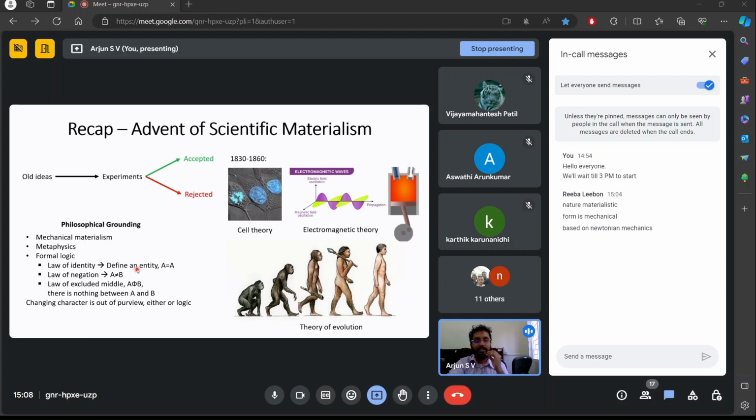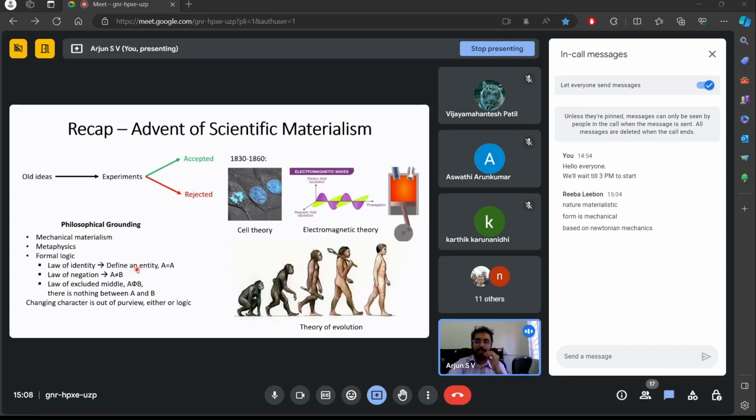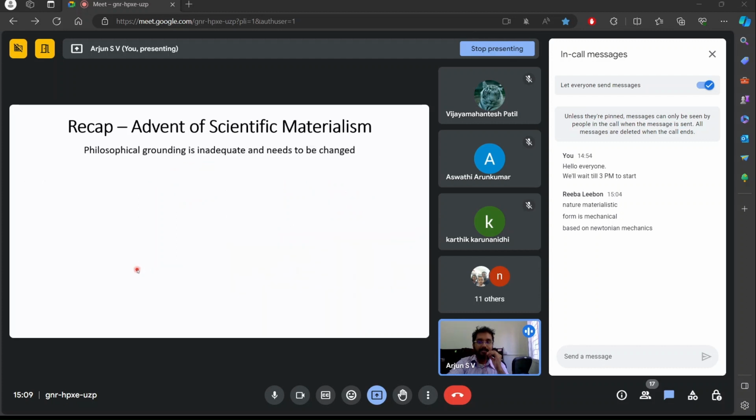This was done in the period between 1830 and 1860. But there was a fundamental problem with the philosophical grounding with which these scientific discoveries were done, and often people felt that the philosophical grounding was inadequate and needed to be changed.